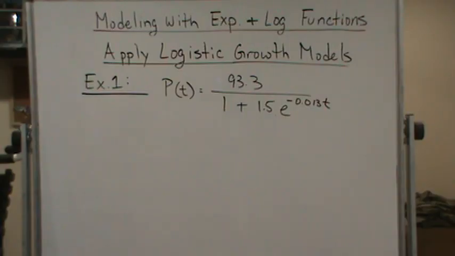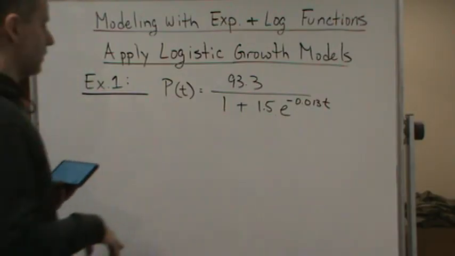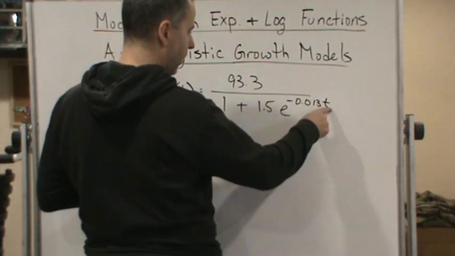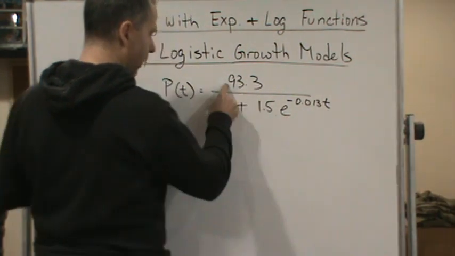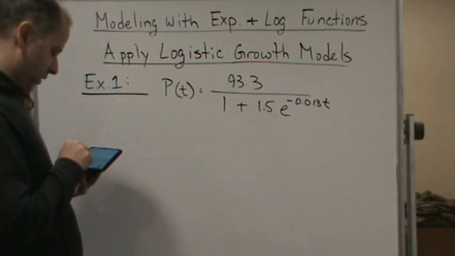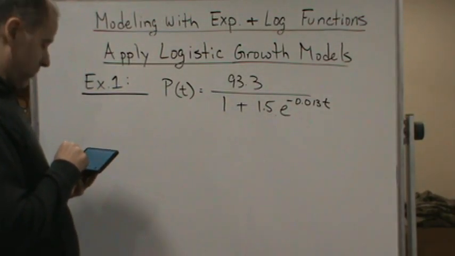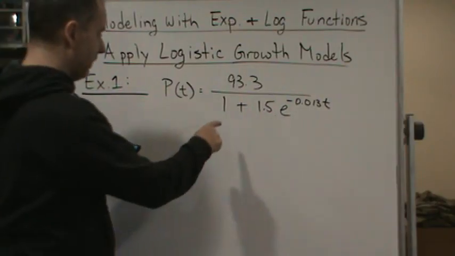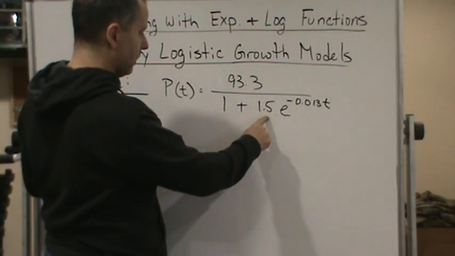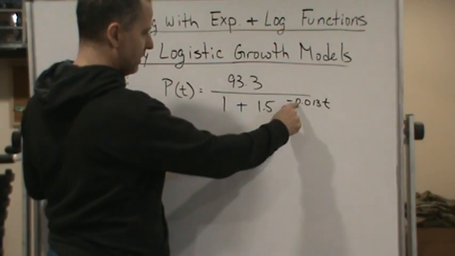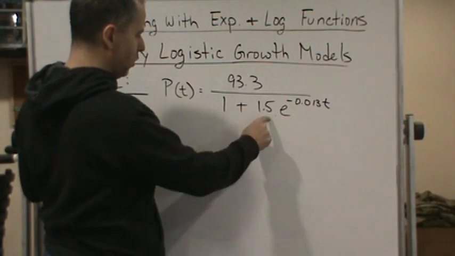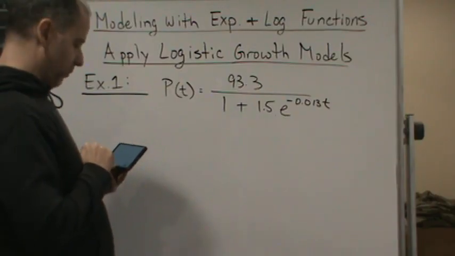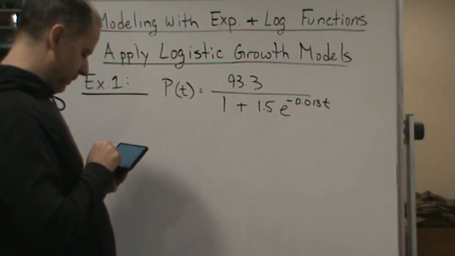So 0 represents 2010. That means this exponential becomes 1. So let's see if I'm doing this right. So 93.3, and then this is going to be 1 plus, since the exponent is 0, this will become 1. So this will be 2.5, right? So we're going to divide 93.3 by 2.5.